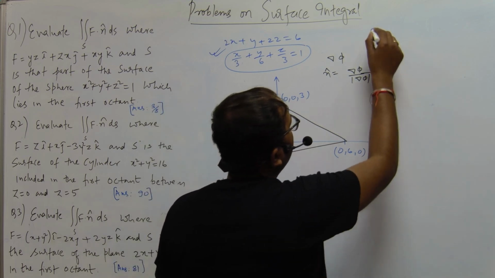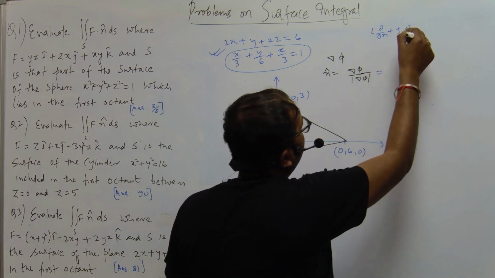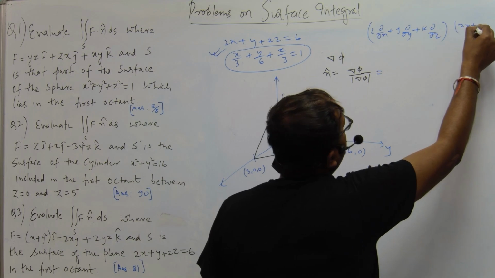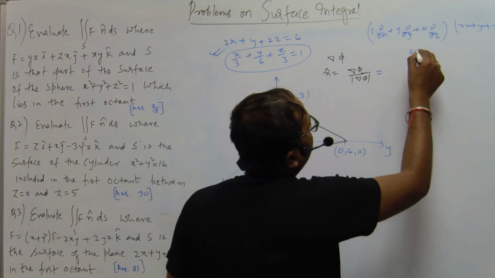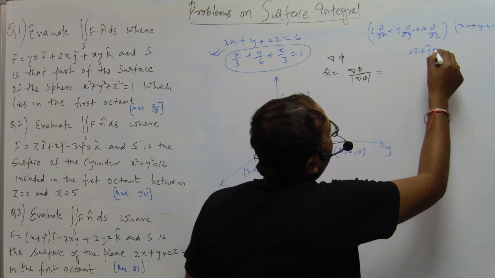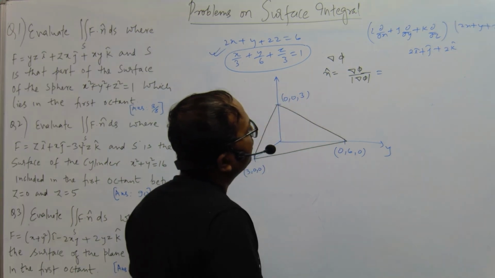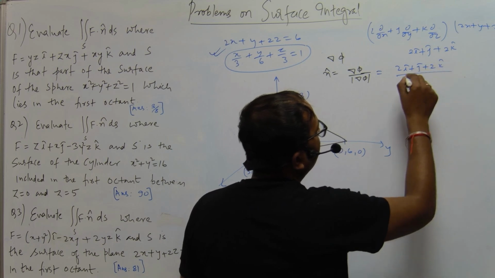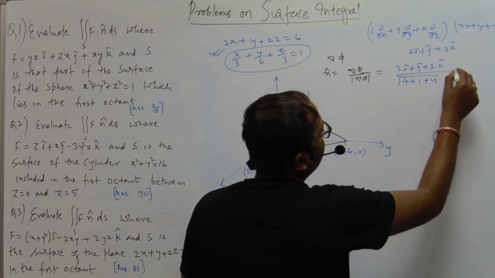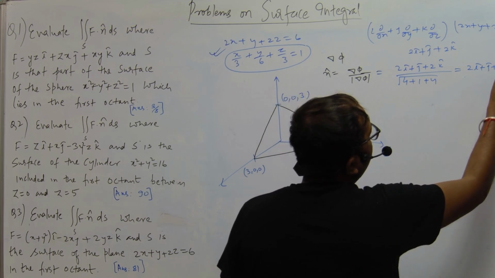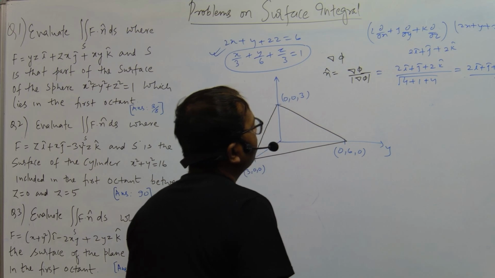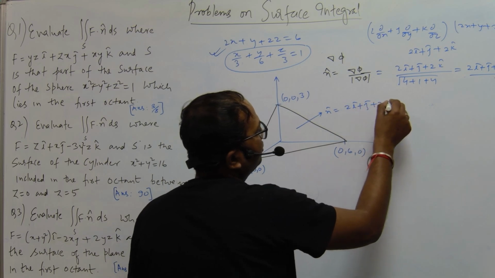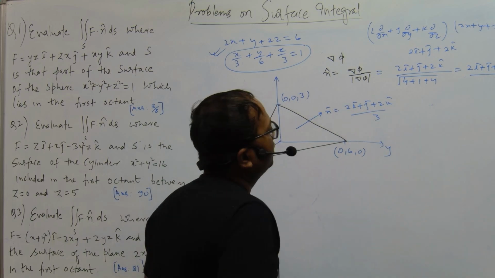Del of phi will be i del upon del x plus j del upon del y plus k del upon del z, which is 2 i cap plus j cap plus 2 k cap, upon root of 4 plus 1 plus 4, that is, 2 i cap plus j cap plus 2 k cap upon 3. This is our n cap.